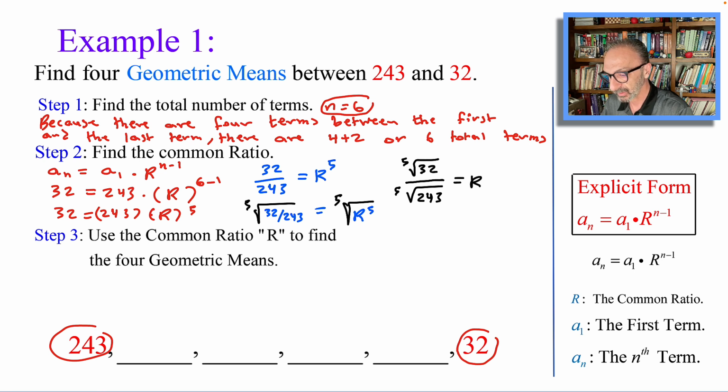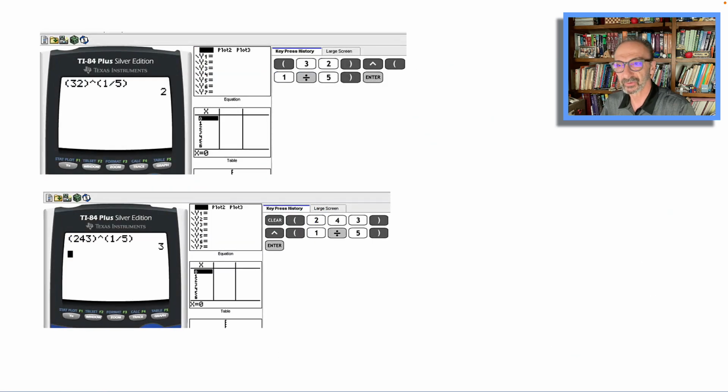And to do the math, using the calculator, because sometimes students will ask, how do I find the fifth root? This is how you find the fifth root. You just type 32 to the power 1 over 5.